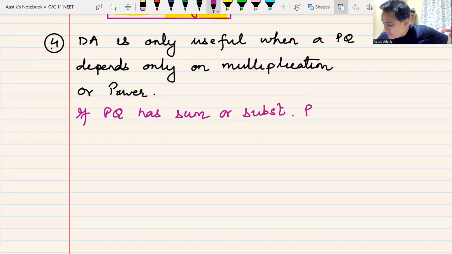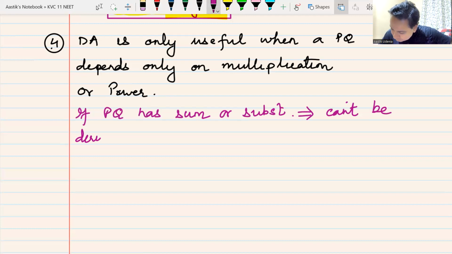If it has a sum or subtraction, that means we cannot derive it using dimensional analysis.